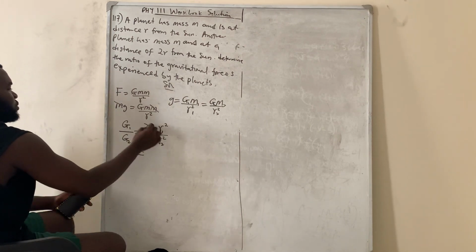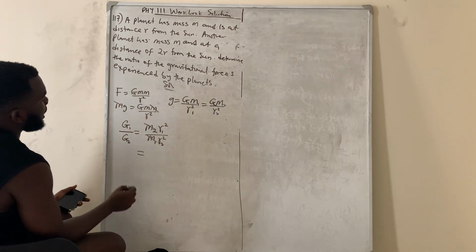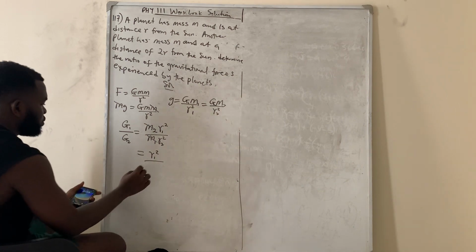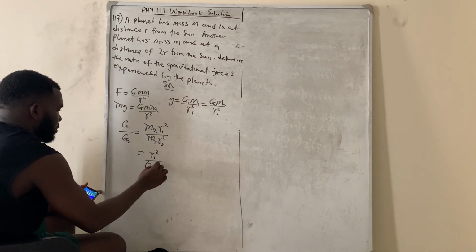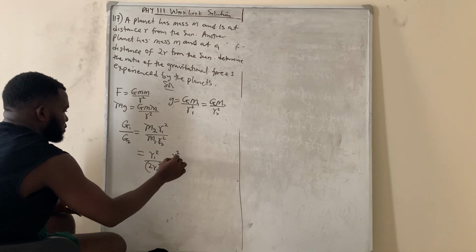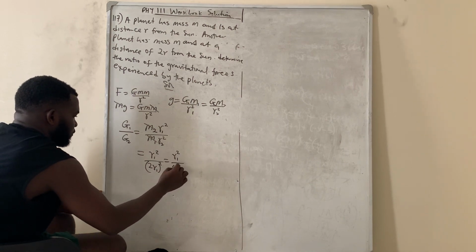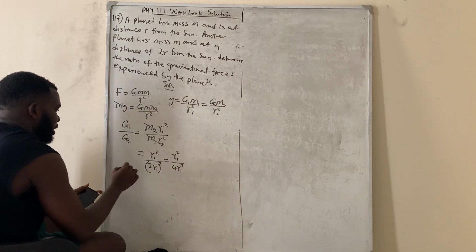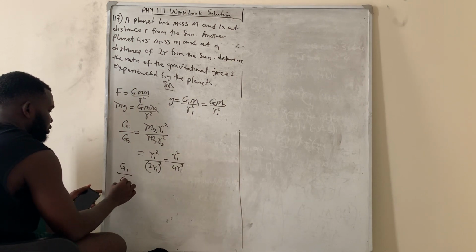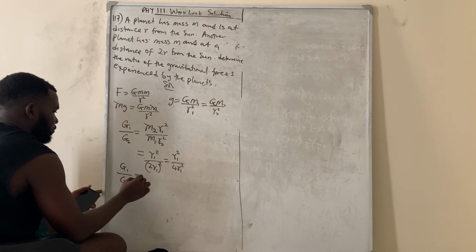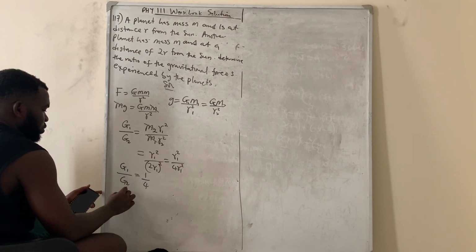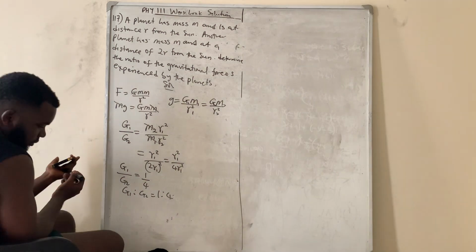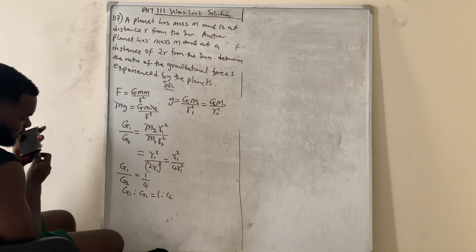So m1 and m2 are equal, they cancel out, but my r1 squared, all over my r2, which is 2r1 all squared, which is r1 squared over 4 r1 squared. So g1 over g2 is equal to 1 over 4. So g1 is to g2 as the ratio is 1 is to 4. Okay? So that is that for that.